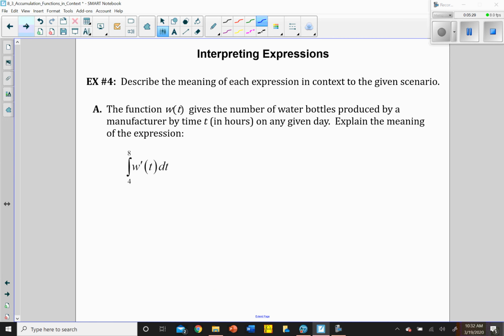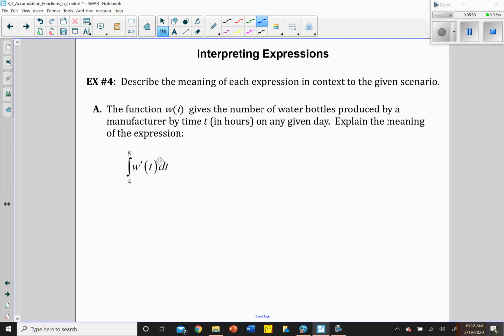Example 4, describe the meaning of each expression in the context of the given scenario. So the function W of t gives the number of water bottles produced by a manufacturer by time t in hours on any given day, and we want to explain the meaning of that expression. So you can see that we've got from 4 to 8 is our interval, and that would be in hours.